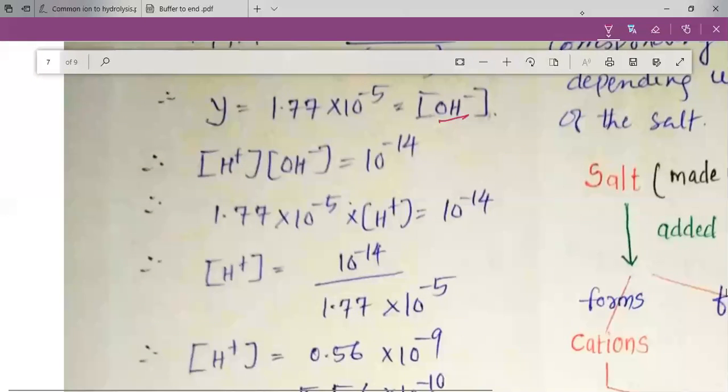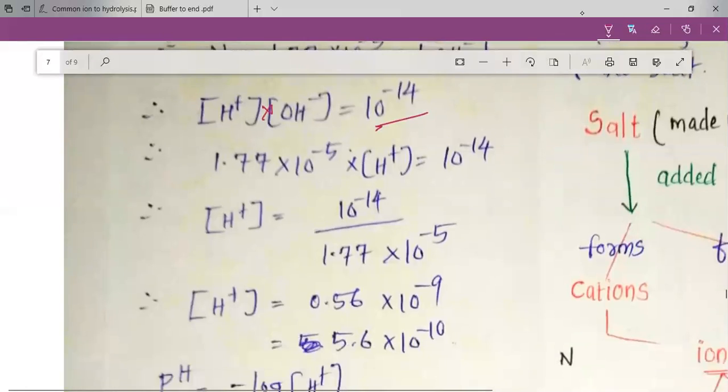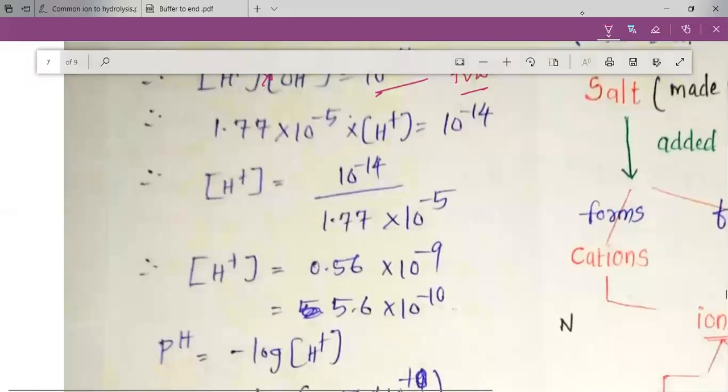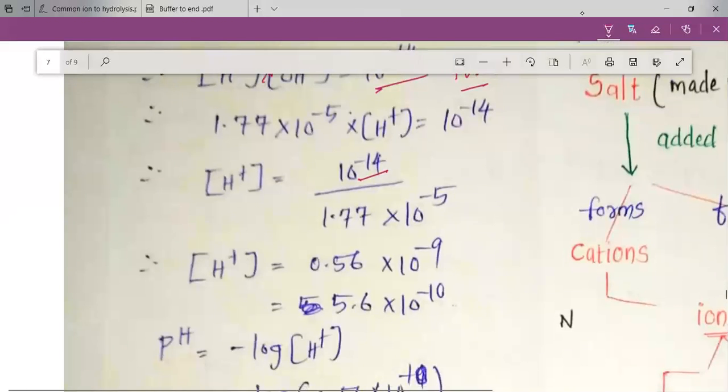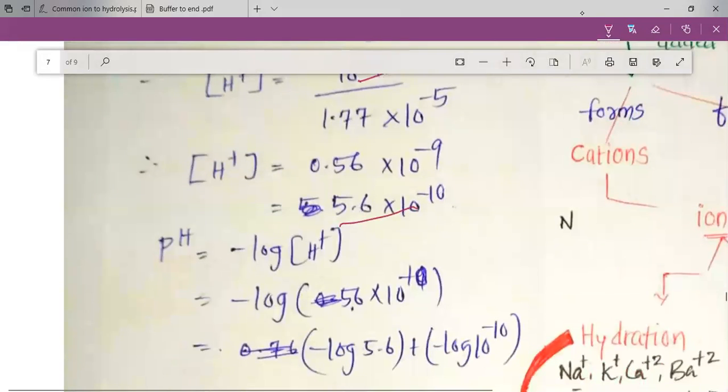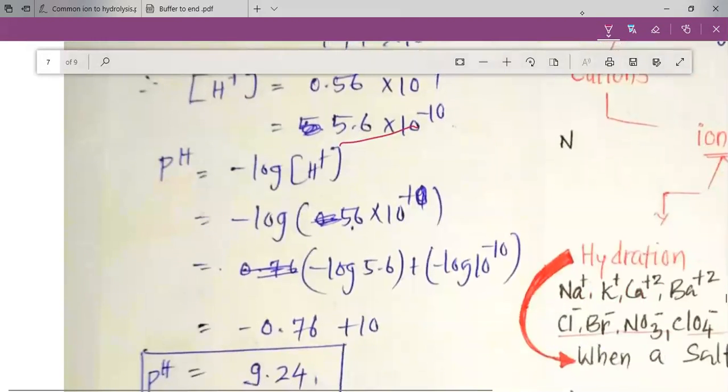Now the concentration of H plus multiplied by OH minus gives 10 to the power minus 14. This is known as Kw, and thus the concentration of H plus is equal to 10 to the power minus 14 divided by the concentration of OH minus. Thus we get the concentration of H plus as 5.6 into 10 to the power minus 10.